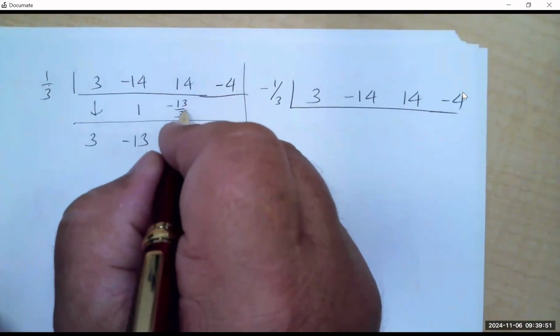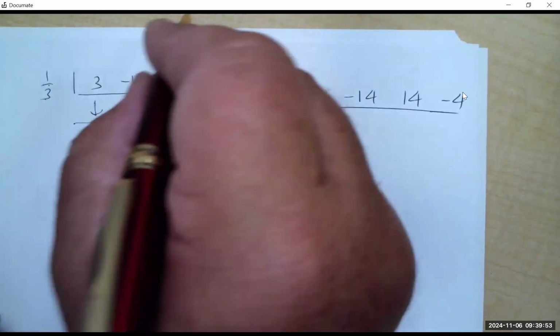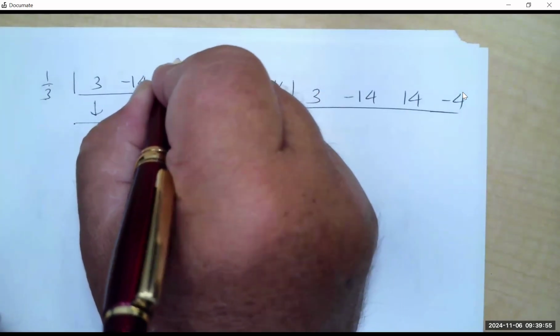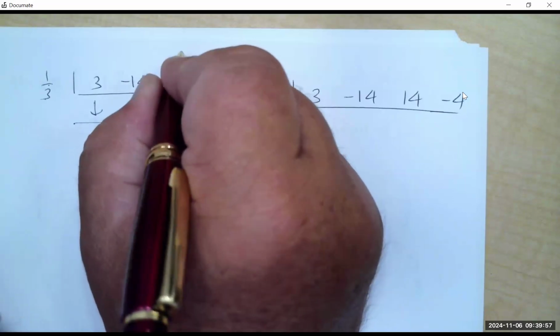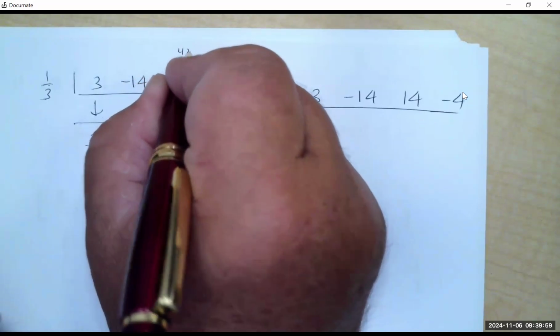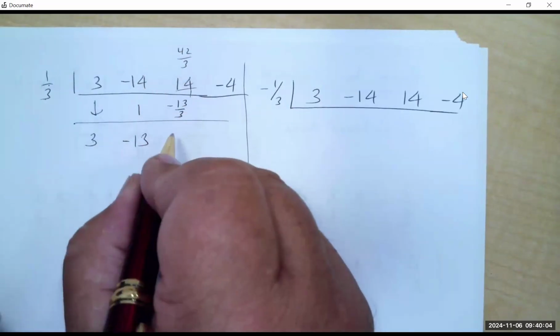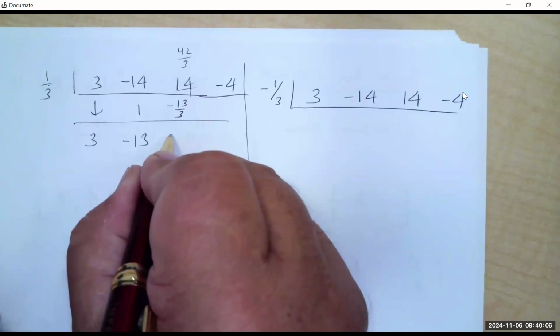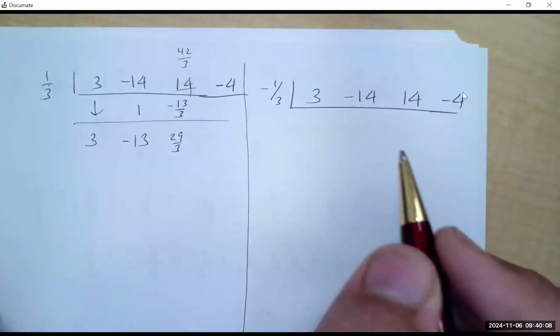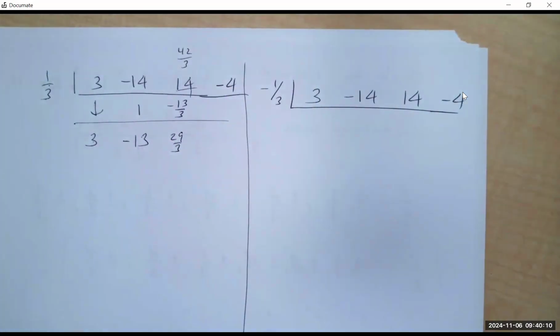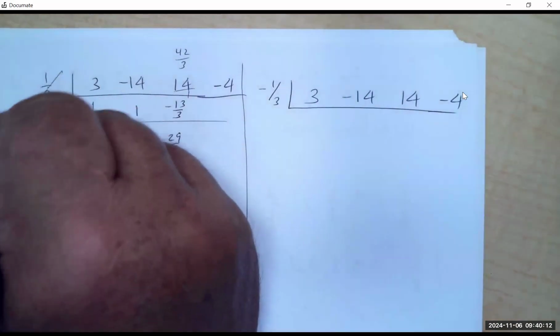To combine these two, we have to have a common denominator. So it's 3's common numbers. 14 times 3 is 42/3. 42/3 minus 13 is 29/3. It's just going wrong direction. So that's not going to work.